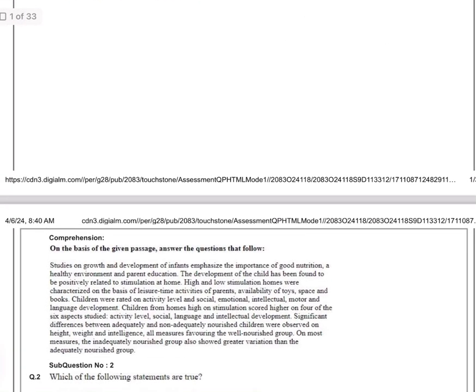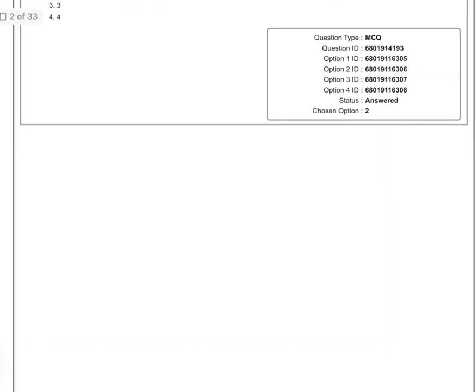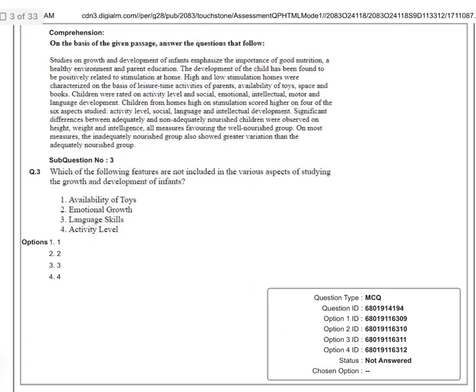One question, and again another passage, another question. As I was telling you that on the basis of one passage there will be 2, 3 questions, it is not the case here, because for every question there is altogether a different passage. So your strategy should be to develop your reading skills.